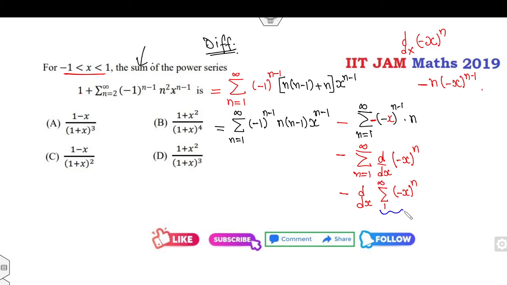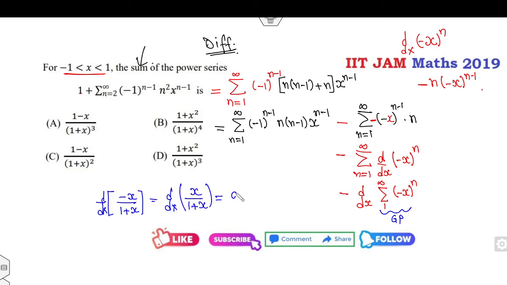Now you can see that this is my GP series. So what is the sum of this? Minus x over 1 plus x, d by dx. So that will be minus minus plus. So that means the derivative of x over 1 plus x. Now how can you find the derivative of this?